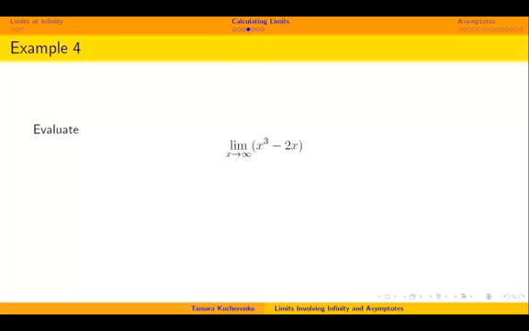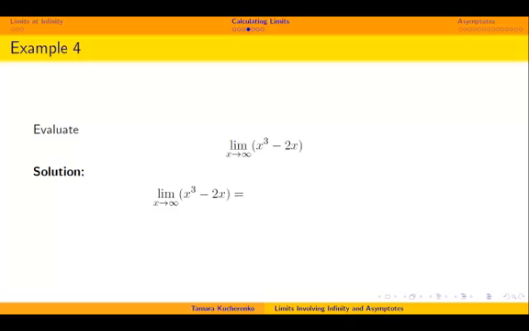The fourth example is to evaluate the limit of x cubed minus 2x. When x is large, both x cubed and 2x are large, and it is not clear what happens to their difference.